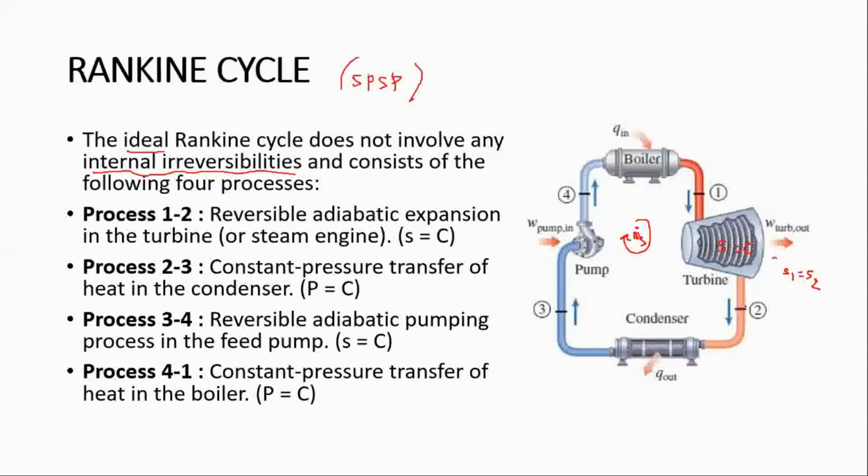At point 2, ano nangyari? Bababa na yung kanyang pressure. So, anong mangyayari dyan? From point 2 to point 3, papasok na siya sa condenser na tinatawag. So, process 2 to 3 is constant pressure transfer of heat in the condenser.